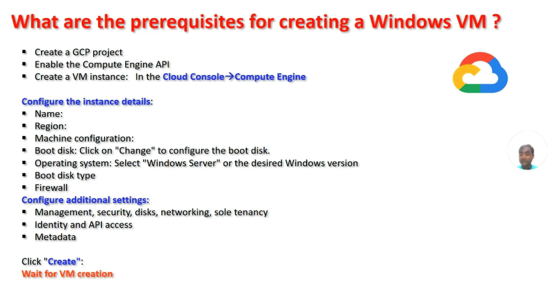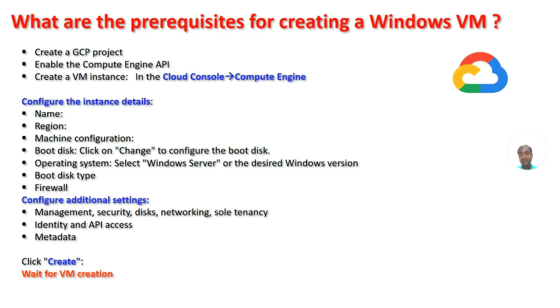Guys, as you can see here, for the configure instance details, you need to define the name of the Windows server, and choose a region and zone where you want the VM to be located. Under the machine configuration, select the desired machine type, which determines the VM's CPU and RAM resources.